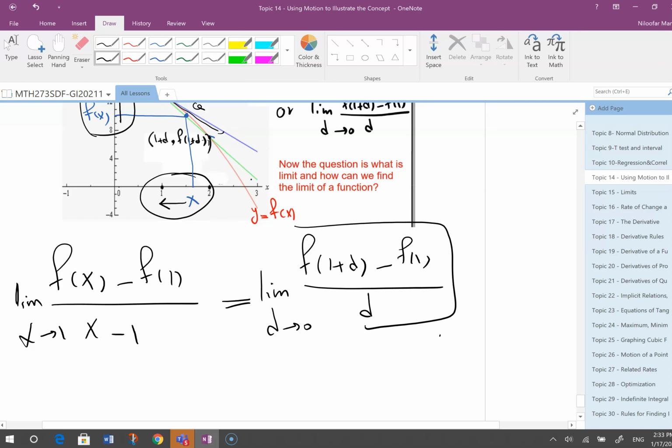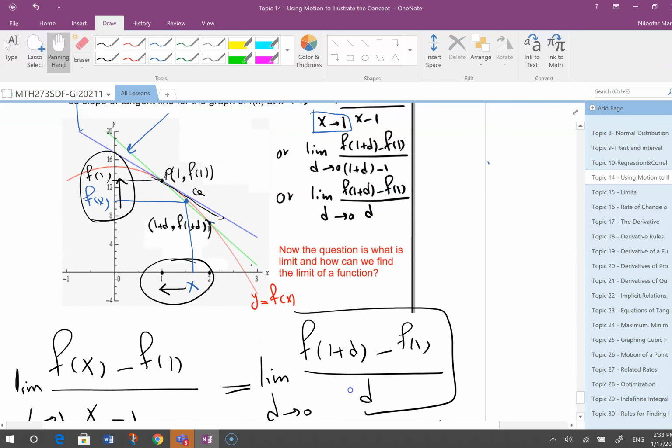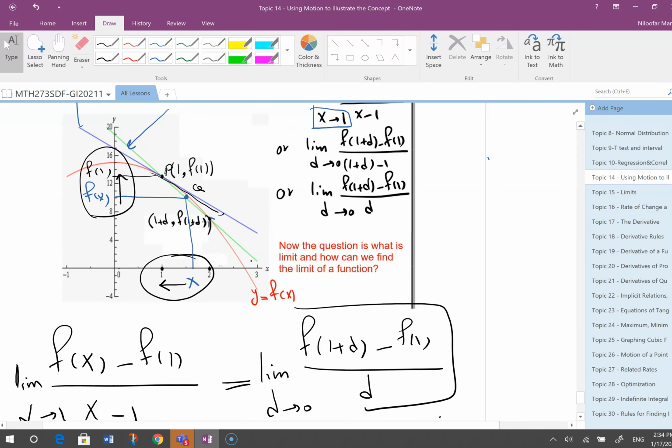When I approach d to 0 and find the answer, I can say this is the slope of the tangent line, the slope of the blue line. So here, when I start from x and move x to 1, then f(x) also goes to f(1).